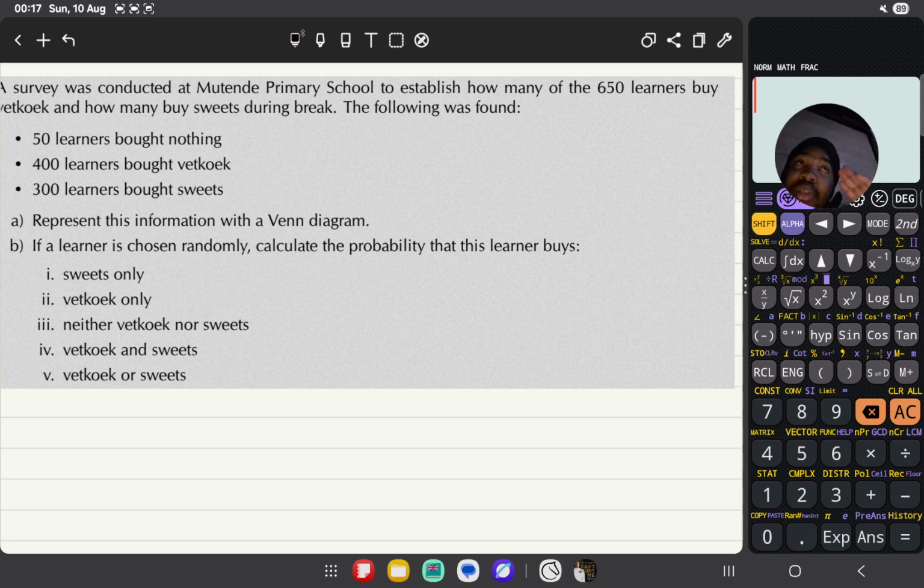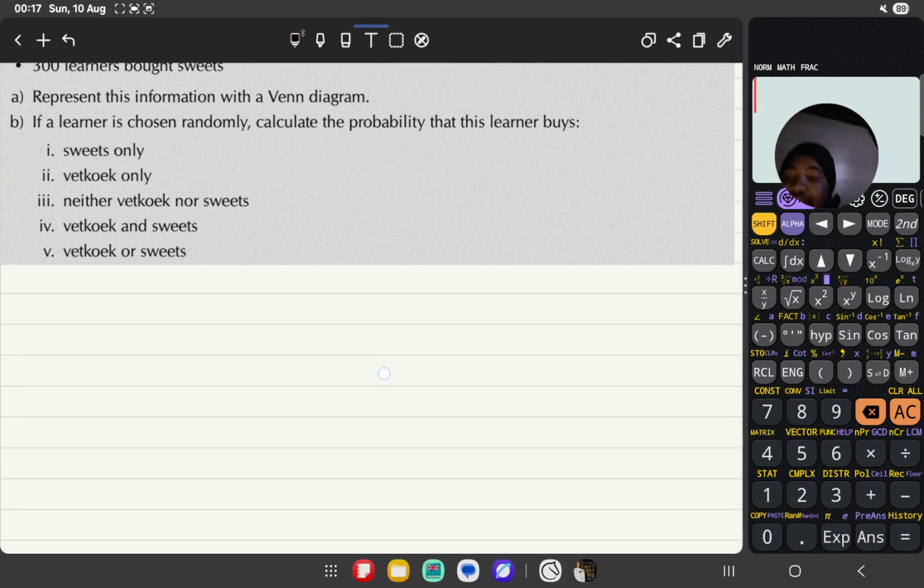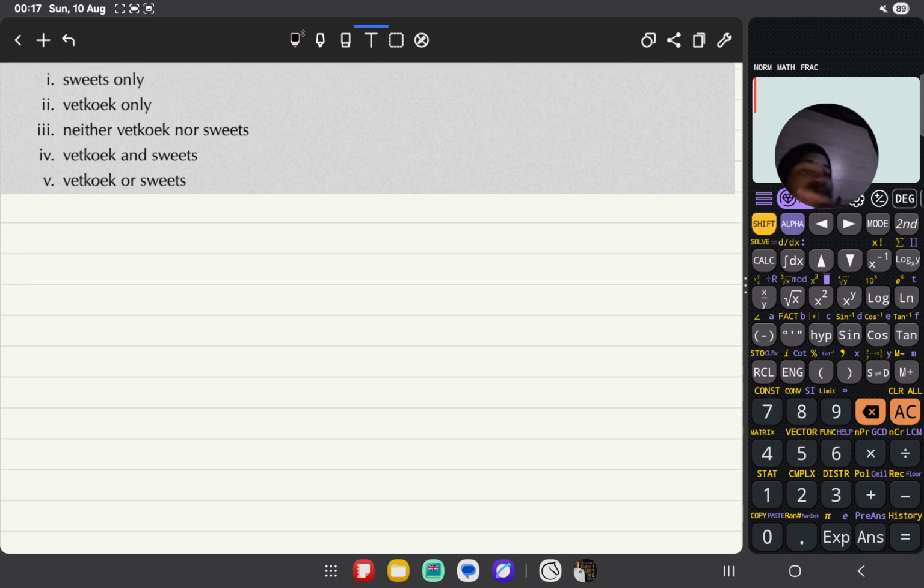That's what I thought, but then I remembered I can actually have two circles, one for buying fat cooks and one for buying sweets, and the 50, which is nothing, I'm going to put outside both circles, anywhere inside my rectangle but outside the circles. So let me do my thing.